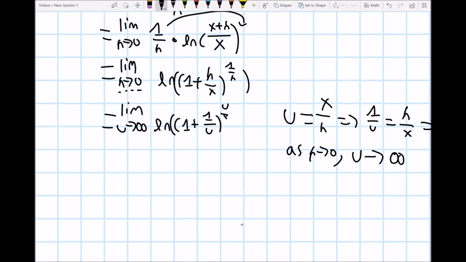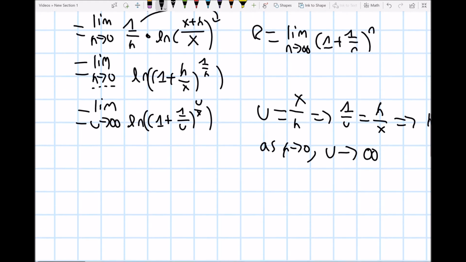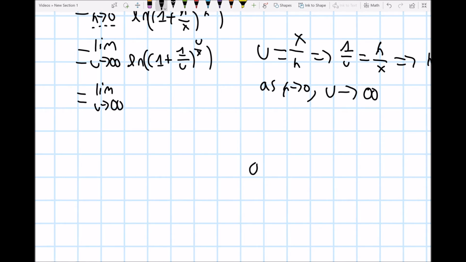Now this is starting to look very similar to one of the definitions of e, which says that e is equal to the limit as n approaches infinity of 1 plus 1 over n to the exponent n. So we nearly have that. We have this x in the denominator. So what if we use the power of a power property in reverse, which says that a to the xy is equal to a to the x, to the y.